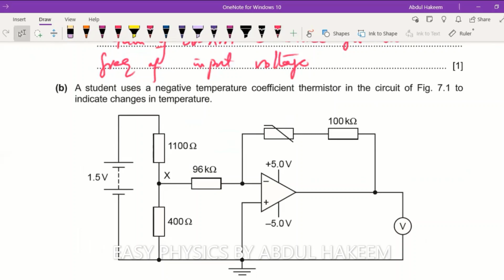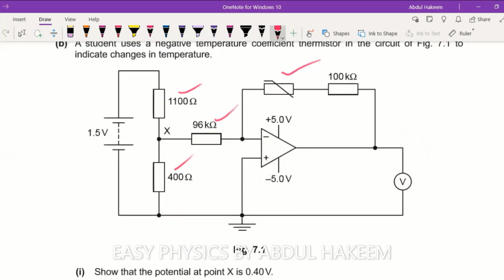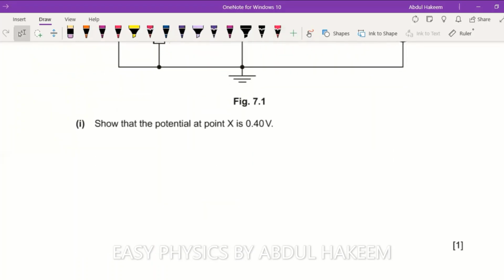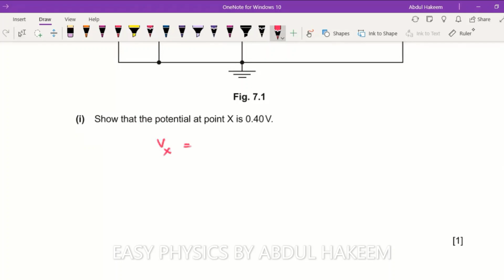Next, this is the circuit. A student is using a negative temperature coefficient thermistor. This is the thermistor. In the circuit, these two resistors are connected as a potential divider. This is the input resistor, and this is the supply voltage. Show that the potential at X is this. So potential divider formula, Vx is equal to Rx divided by Rx plus Ry times EMF.